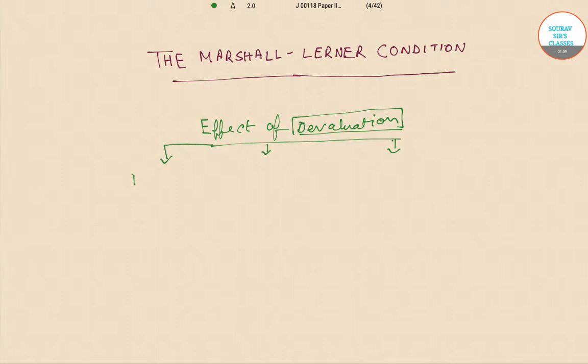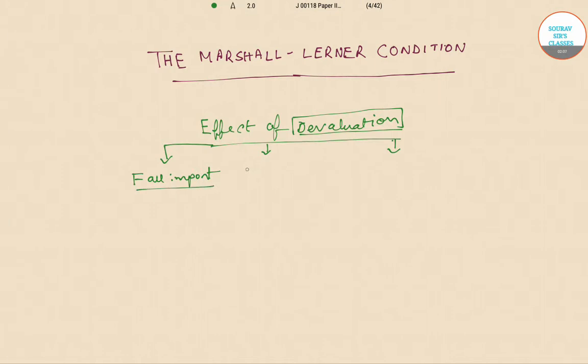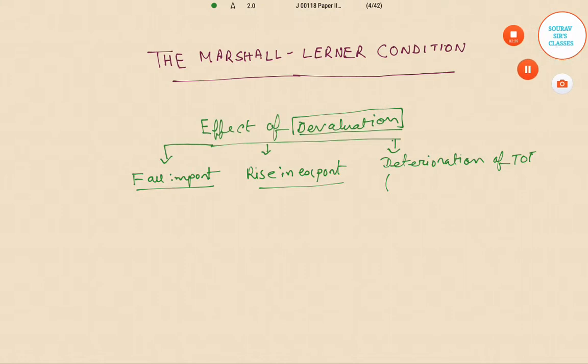First, it is a fall in import. The second factor is a rise in export. And the last one is deterioration of terms of trade. Why? So we know it to be deterioration of terms of trade.